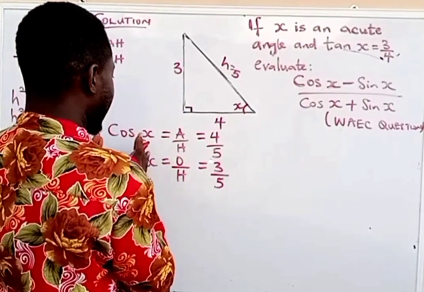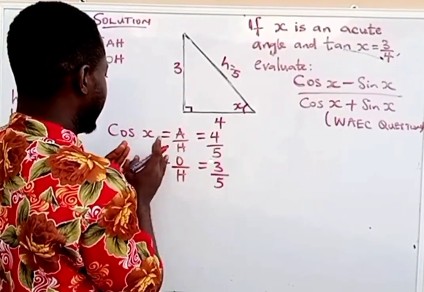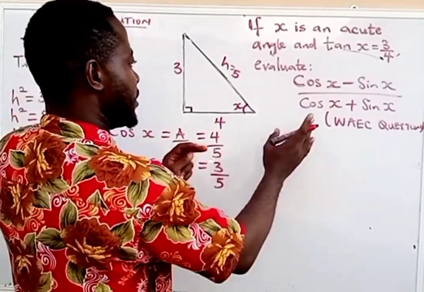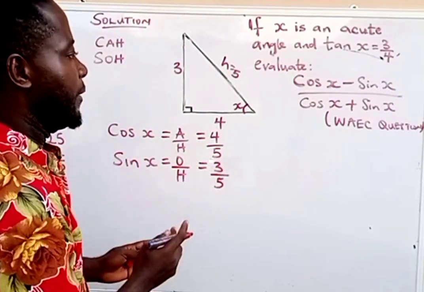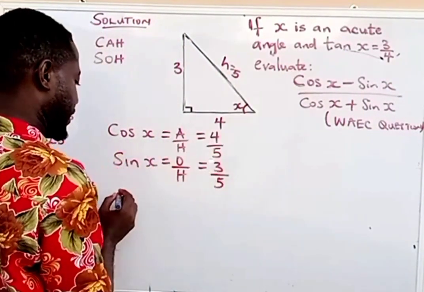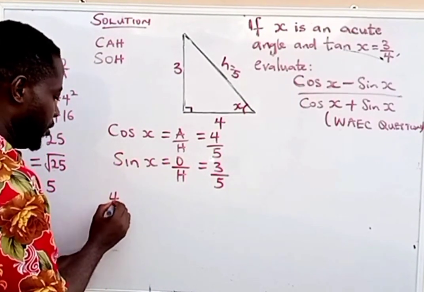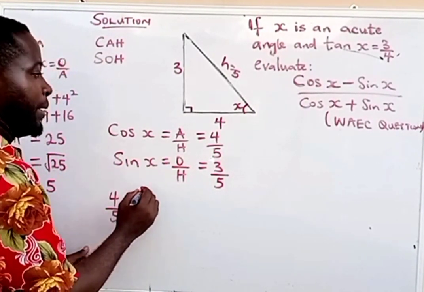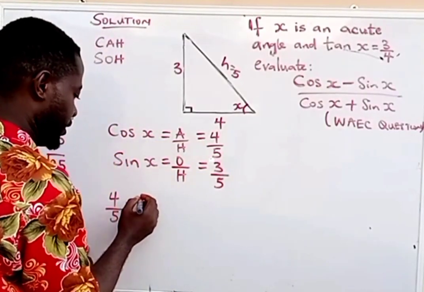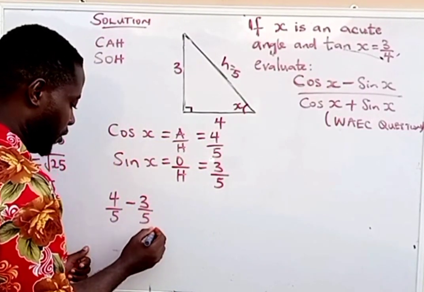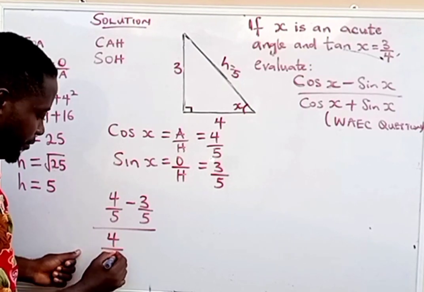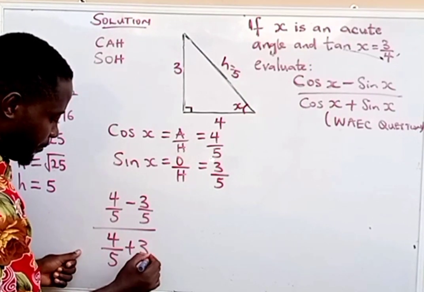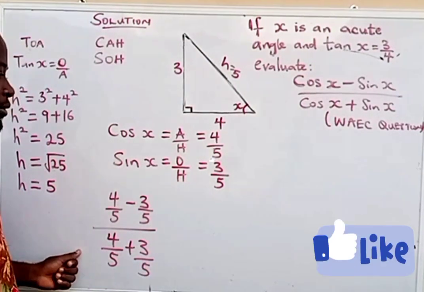Now, having gotten the values for cos x and sin x, I can substitute them in this formula. For cos x, I have 4 over 5 minus sin x, which is 3 over 5, all over cos x, 4 over 5 plus 3 over 5.